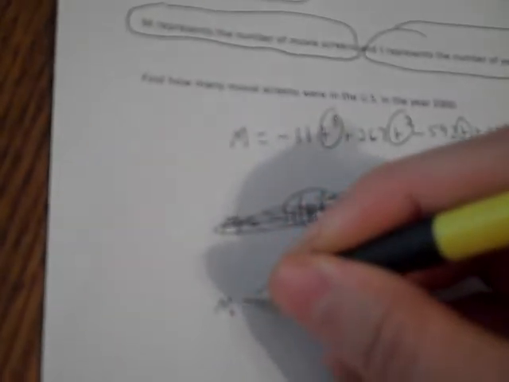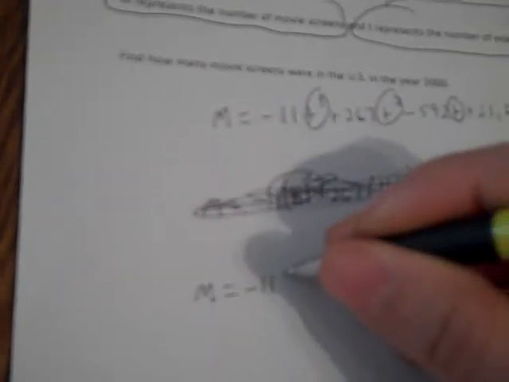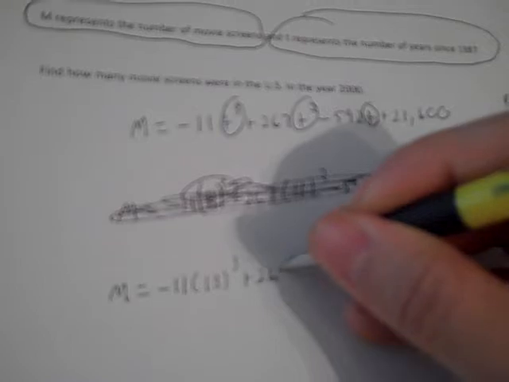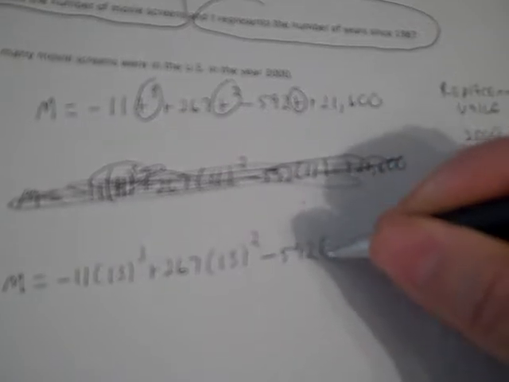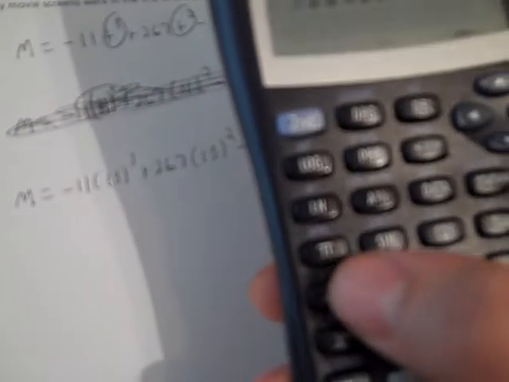So M equals negative 11 parentheses 13 to the third plus 267 parentheses 13 to the second minus 592 parentheses 13 plus 21,600. And now I can plug the expression into my calculator to solve for the M. So negative 11 parentheses 13, and that's to the third power, so I hit the power button here, and 3.